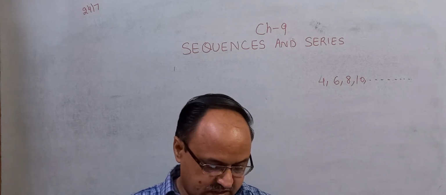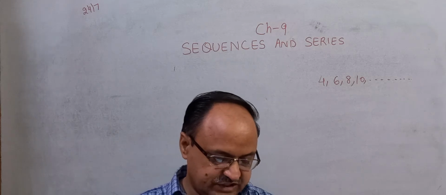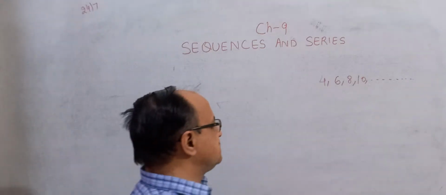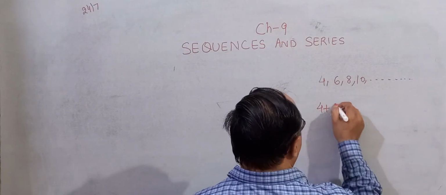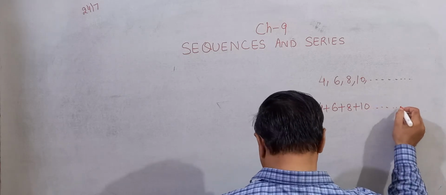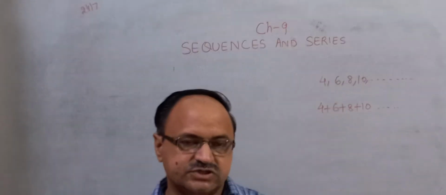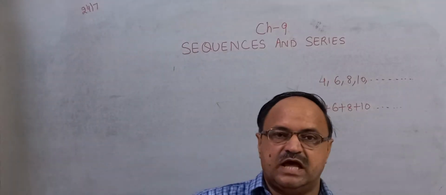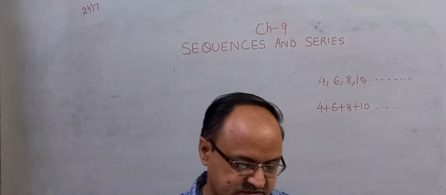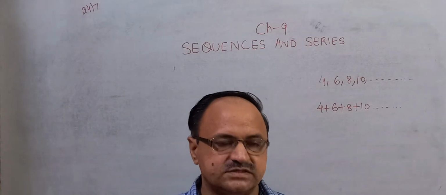And can you tell me what is series? When we write this expression, 4 plus 6 plus 8 plus 10, this expression is called a series, associated with a given sequence. The series is finite or infinite according to the sequence.